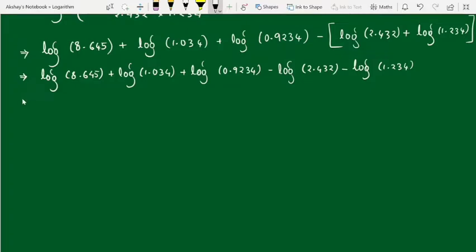Okay, now from the log table we have to see the values, so let me put one separate line here.